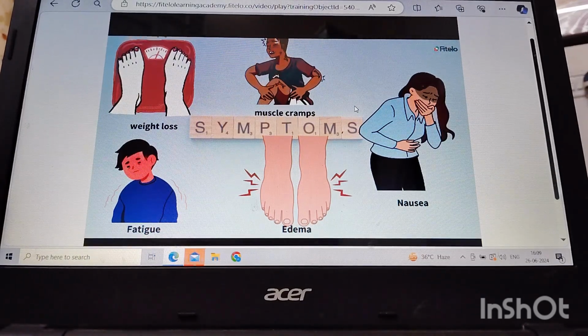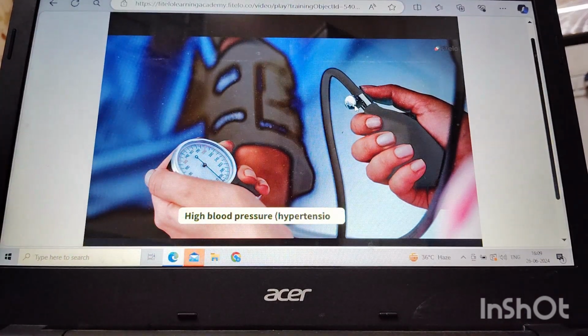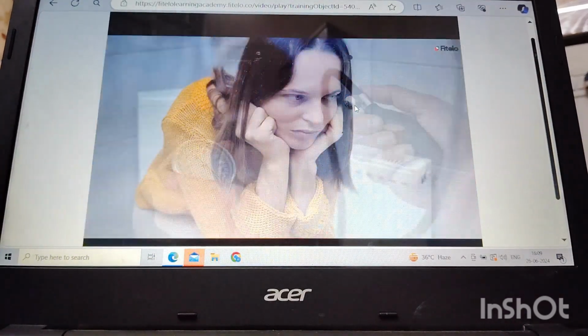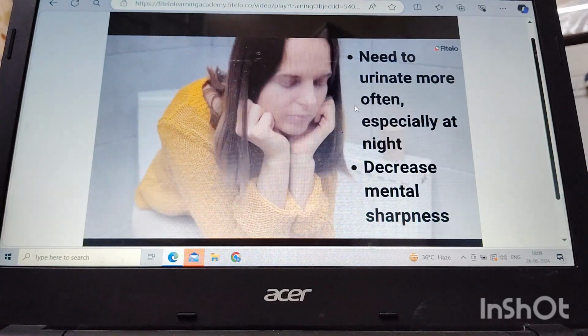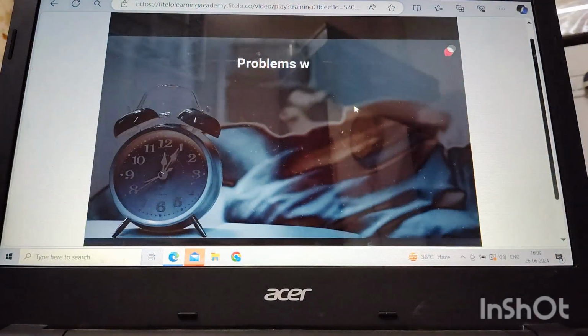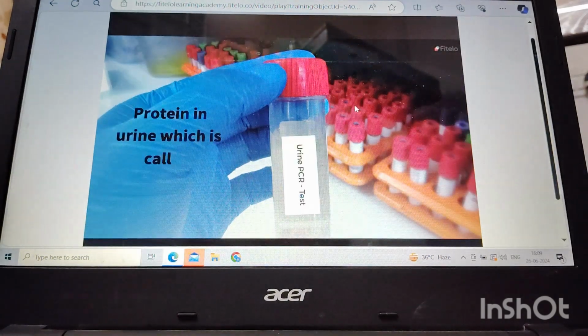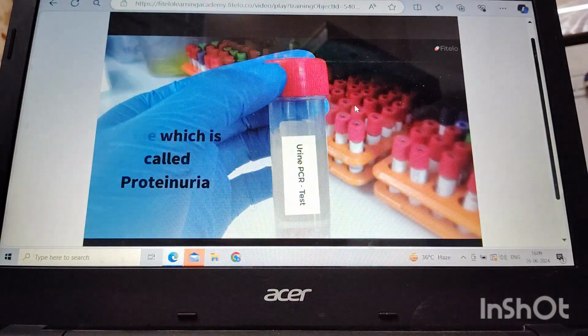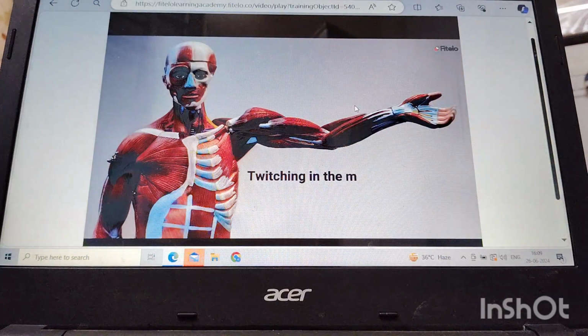Edema is the swelling of feet and ankles. A client may experience high blood pressure and also needs to urinate more often, especially at night. Decreased mental sharpness, problems with sleep, and protein in urine, which is called proteinuria, are the other symptoms of chronic kidney disease. Also, erectile dysfunction in men or twitching in the muscles and cramps are common.